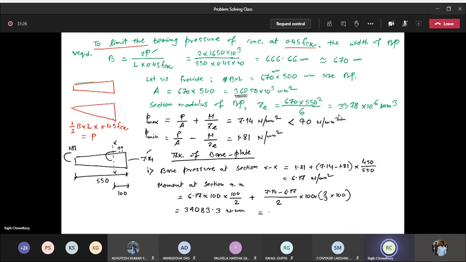moment capacity of the base plate MD, which is equal to 1.2 times Fy by gamma. This formula in the last time also we had utilized.